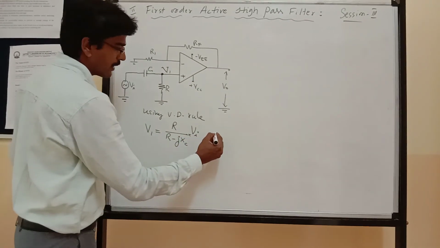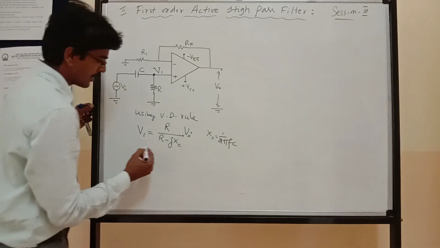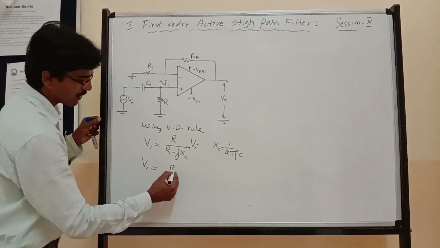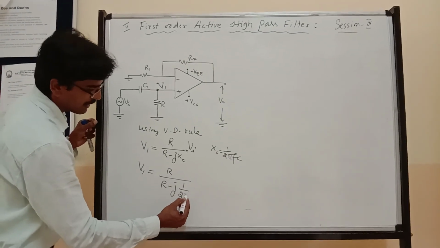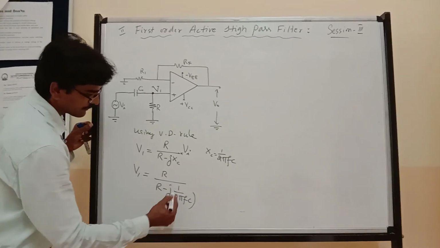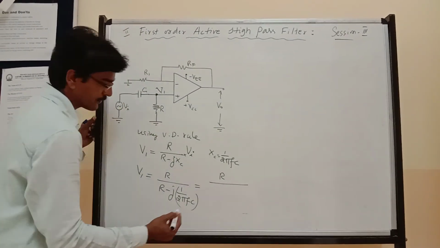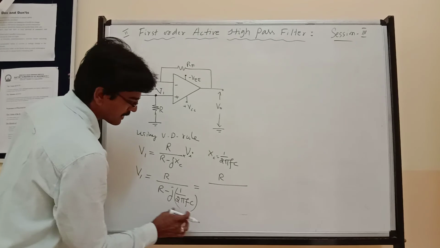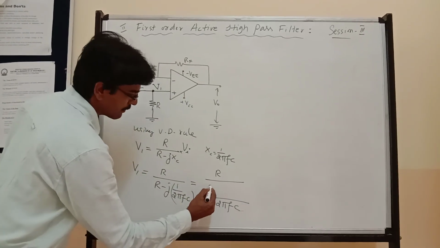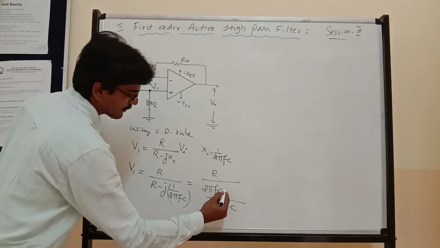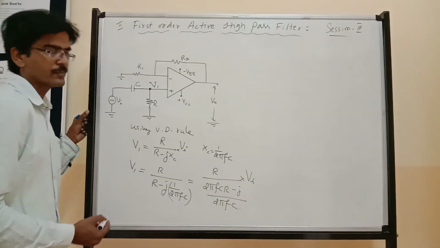Now we know that XC equal to what? 1 by 2 pi FC. So V1 is equal to R divided by R minus j 1 by 2 pi FC. Now let us take LCM here, 2 pi FC is the LCM, this becomes R divided by (2 pi FC R minus j)/(2 pi FC) into Vi.